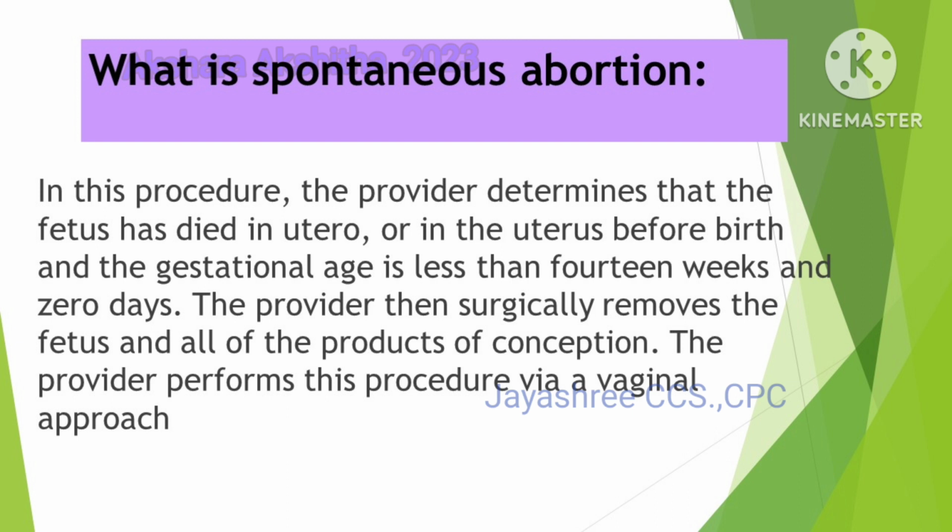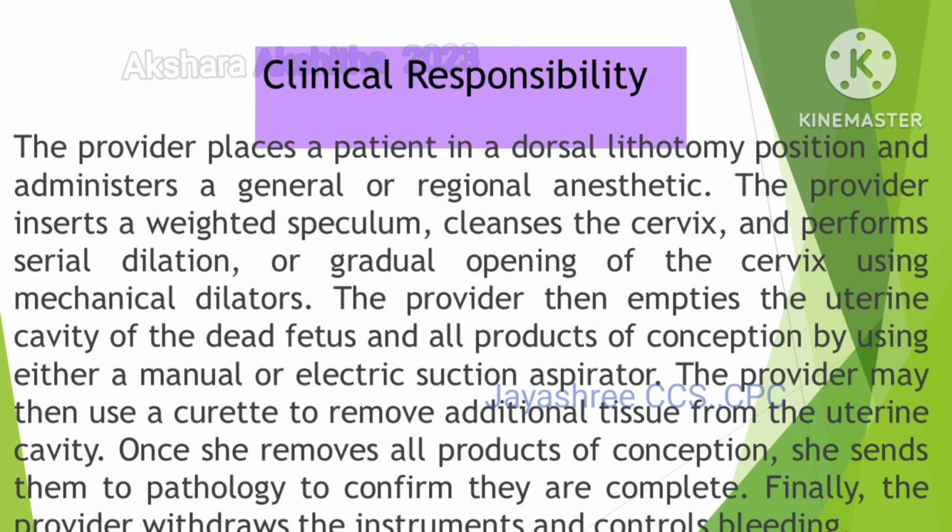The provider then surgically removes the fetus and all products of conception. This is called spontaneous abortion. For spontaneous abortion, the doctor may use the word missed abortion. So we have two CPT codes for missed abortions, 59820 and 59821. The doctor performs this procedure by vaginal approach only. Okay, this is the clinical responsibility.